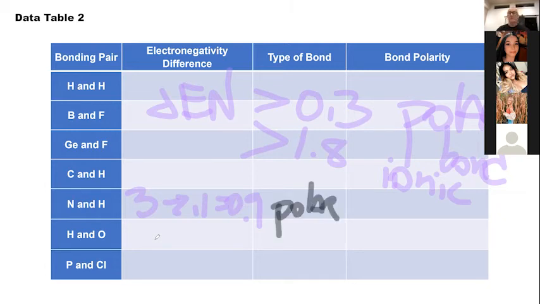And then when it's time to draw the polarity, I've got my N and my H. So where am I going to put the dipole? Pointing at the nitrogen or the hydrogen? Which direction does it point? Does the arrow point to the more electronegative or the less electronegative?